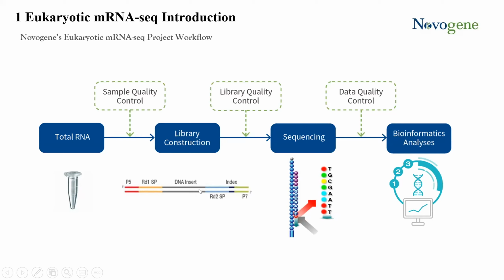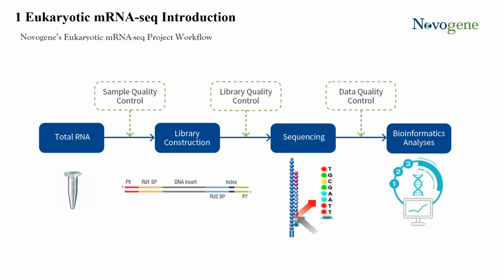Here RNA will be converted into cDNA, and the cDNA fragments will be flanked by read 1 and read 2 sequencing primers, which are used to read your left and right fragment reads. It will be flanked by the indices i7 or i5, which can differentiate different libraries. And finally, it will be flanked by P5 and P7 at the ends, which will bind to the flow cell of the Illumina platform.